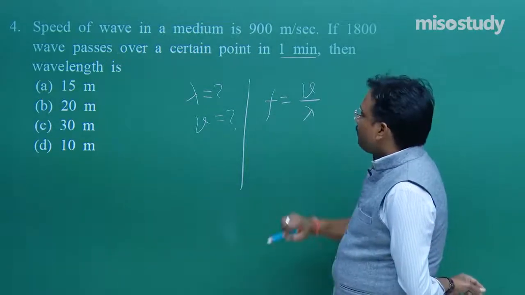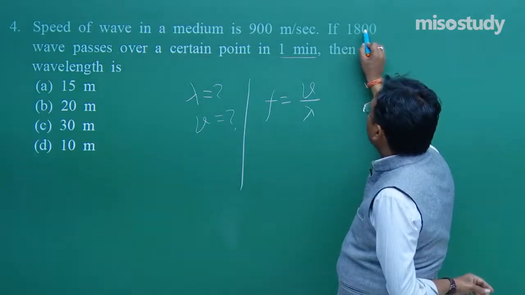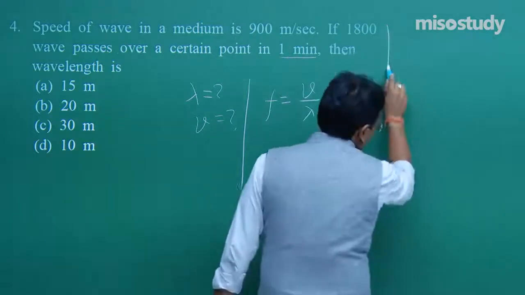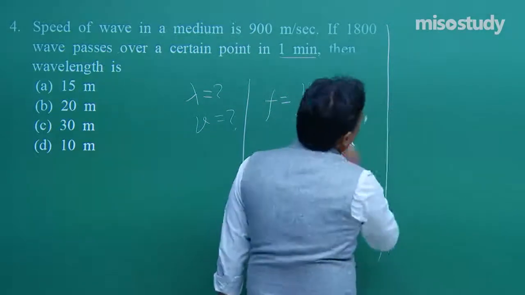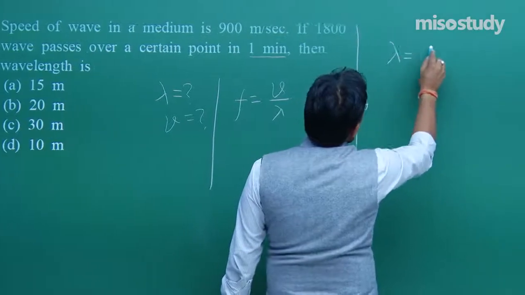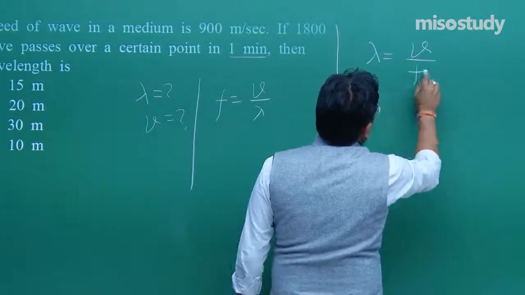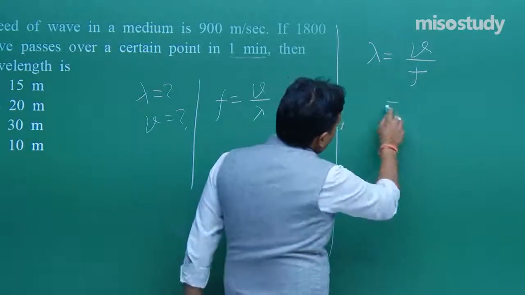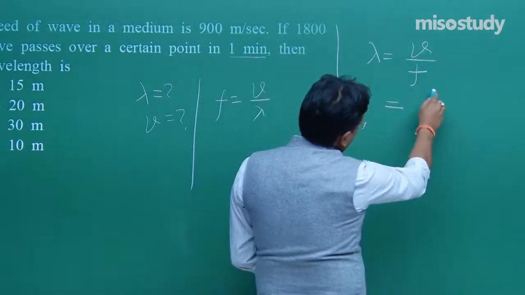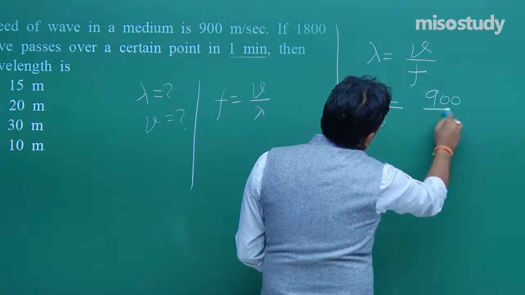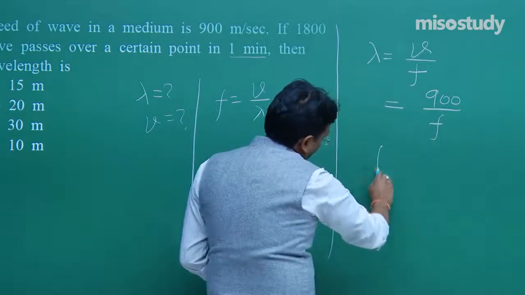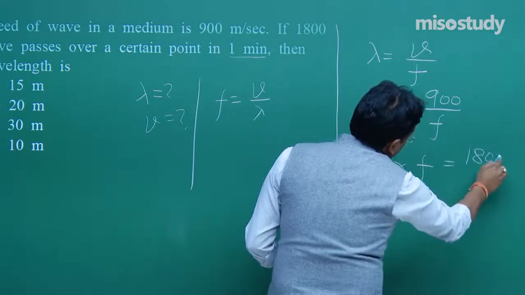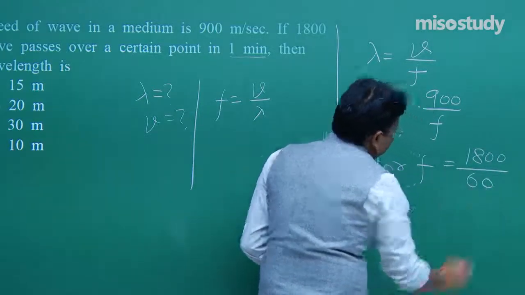And what is the value of f? f is 1800 divided by 60. So let's use this relation. Lambda is equal to v by f, v by n. Now, the value of v is 900 upon f, and for f, 1800 upon 60.